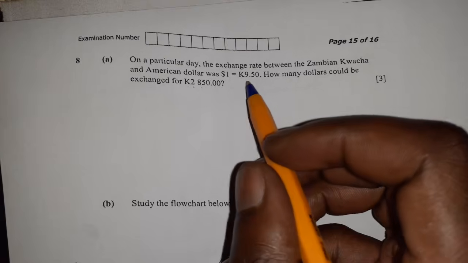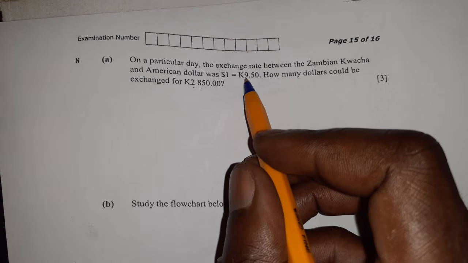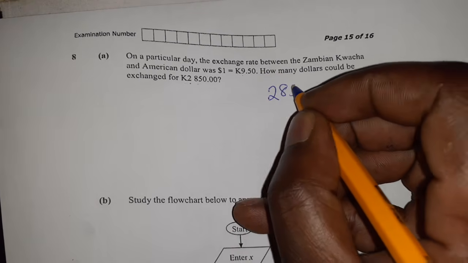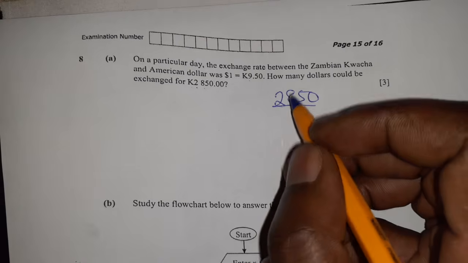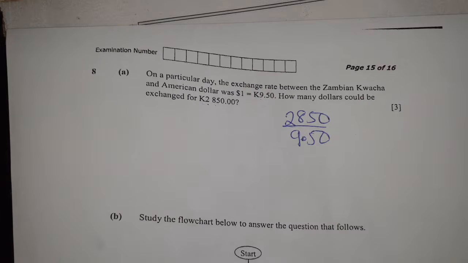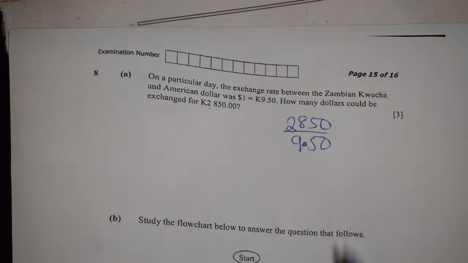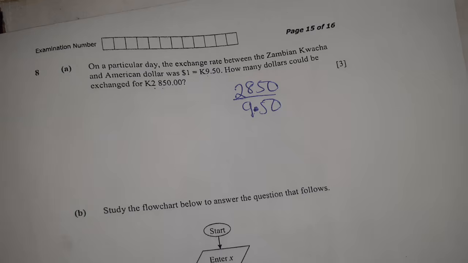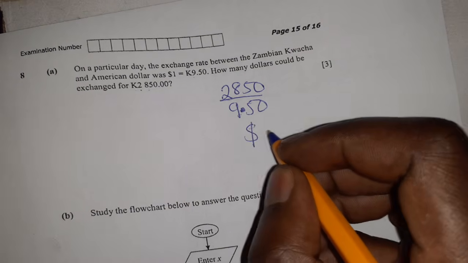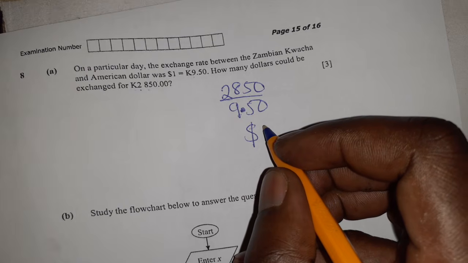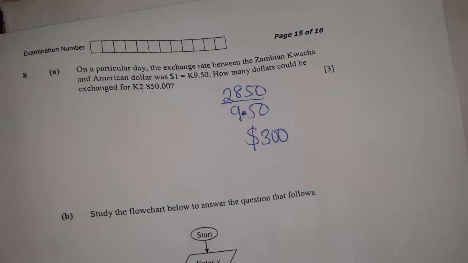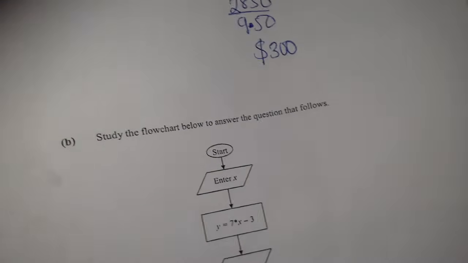So you know that $1 is equal to 9 kwacha 50 ngwe. So you just need to divide 2,850 by 9.50 because each dollar is equal to this amount. So what are we going to get? US dollars will give us 300. Okay, that's what we are going to get there.